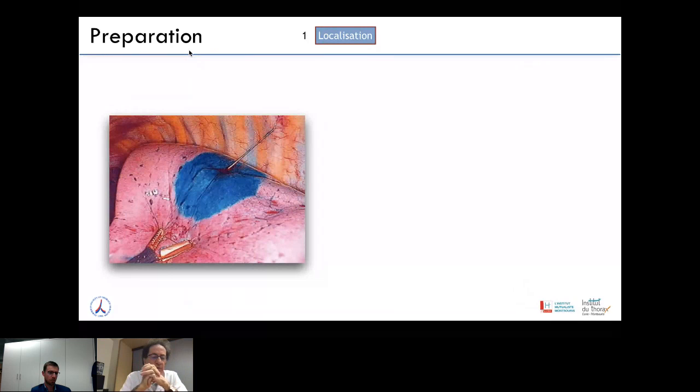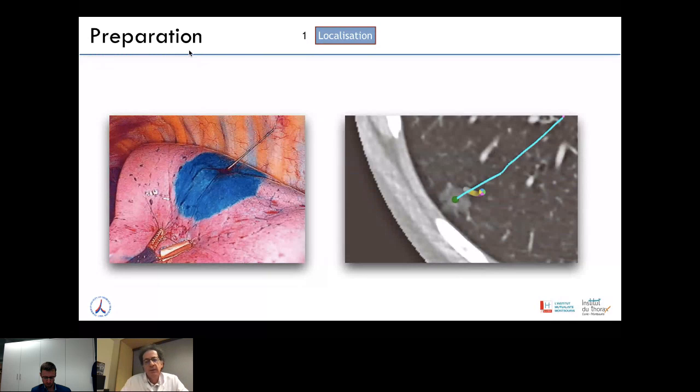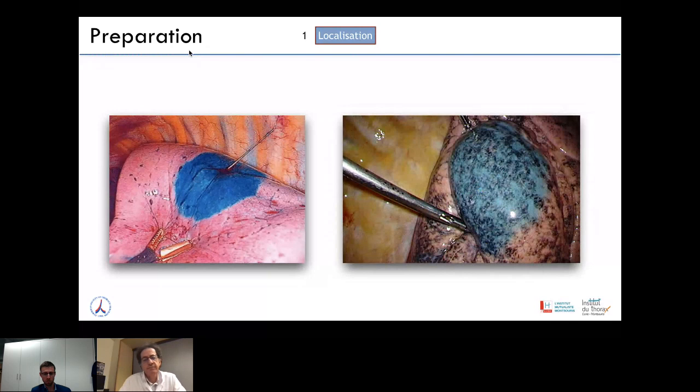Some surgeons still use this technique using a hook wire placed on the CT scan. You can combine this with a methylene blue, which gives you this kind of picture. As you know, it has some drawbacks. The patient has to go to the CT scan and to the operating room, so there are some logistic problems. And also for the patient, it's not always very comfortable. So now we use ENB like this, which gives you this kind of pictures.